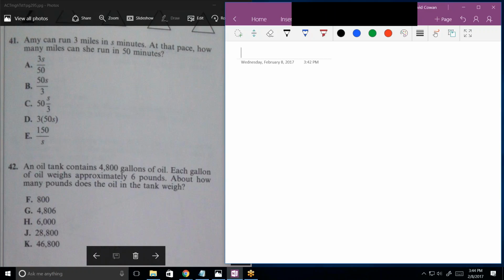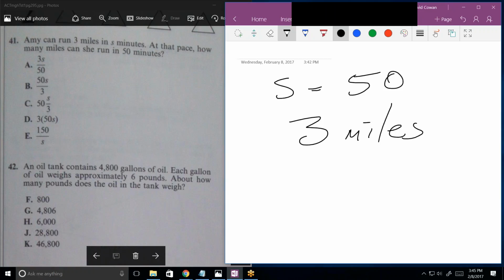How about 50? Notice that you can let S equal anything, but the easiest thing to let it equal is 50 because that answers the question: at that pace, how many miles can she run in 50 minutes? Well, obviously 3.